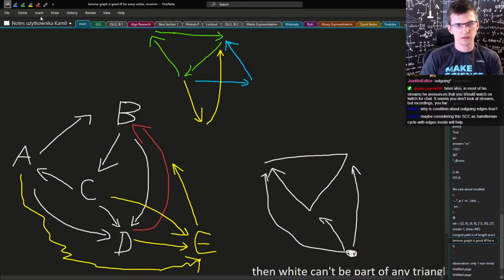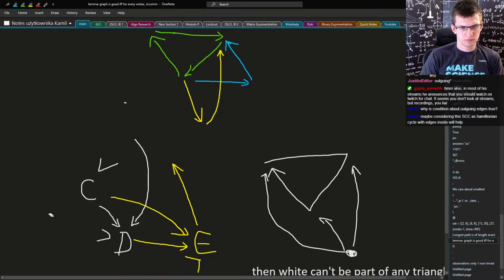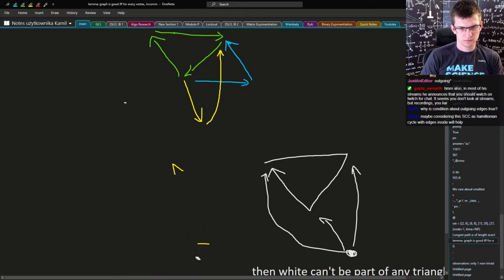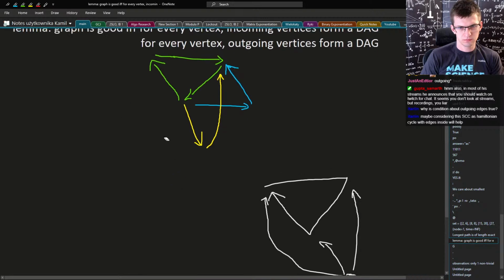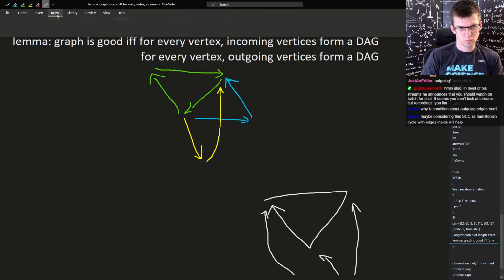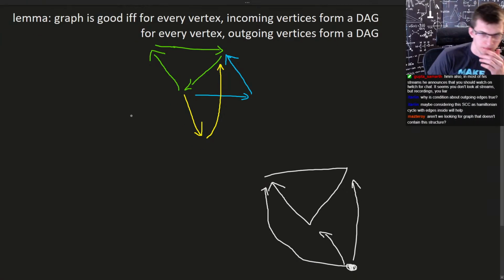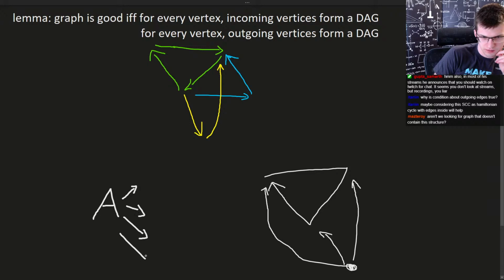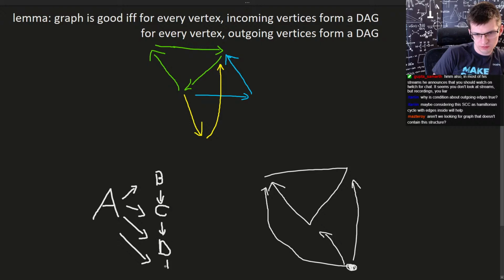I think I can. Let's look at some vertex A. There are edges coming out of A, and there must be a DAG made of those, so they will be in some order. Say A, B, C, D, and so on. And only edges go down here.